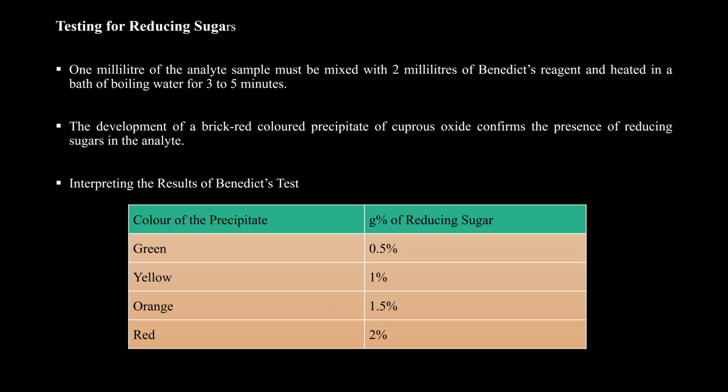Test for reducing sugar: 1 milliliter of the analyte sample, maximum 2 milliliters, with Benedict's reagent, heated in a water bath for 3 to 5 minutes. The brick red copper oxide confirms the presence of reducing sugar in the analyte. Green 0.2%, yellow 1%, orange 1.5%, red 2%.